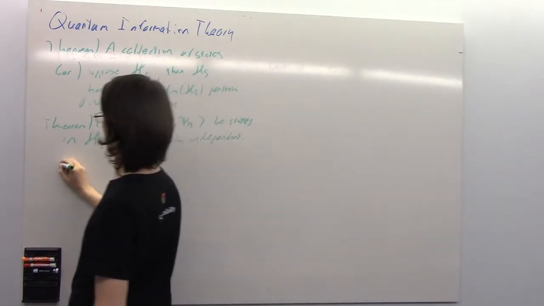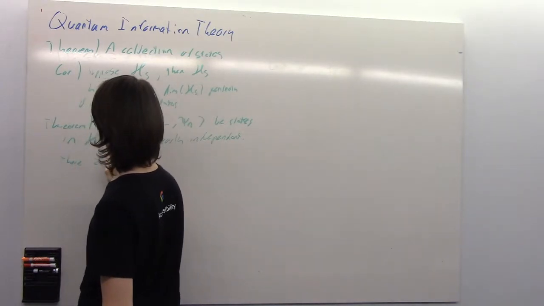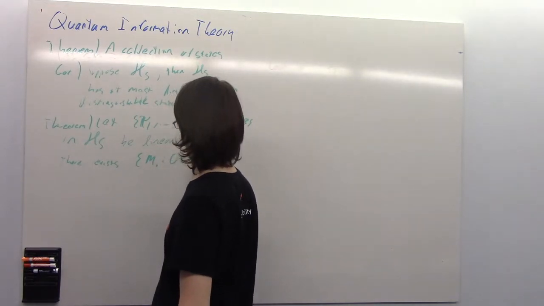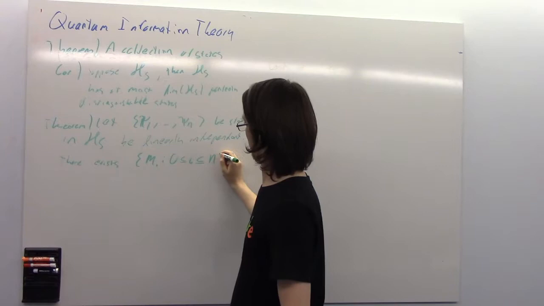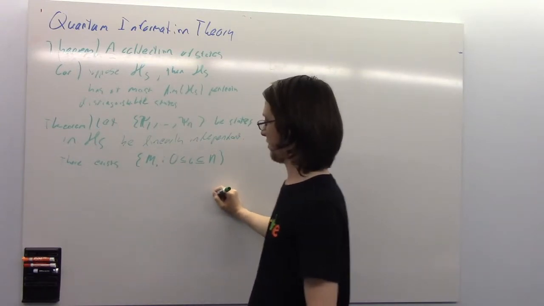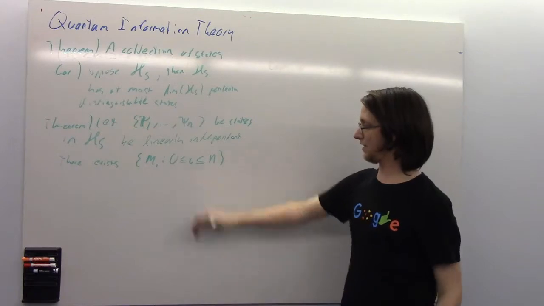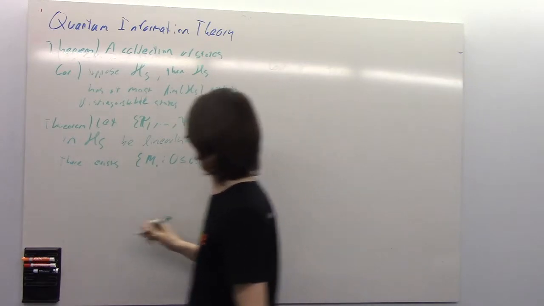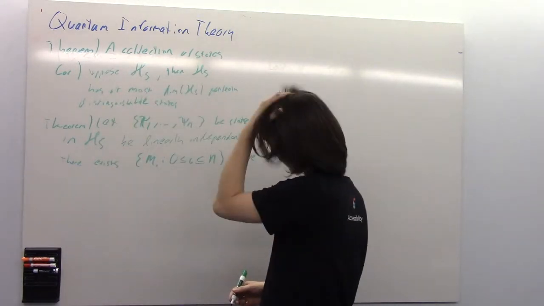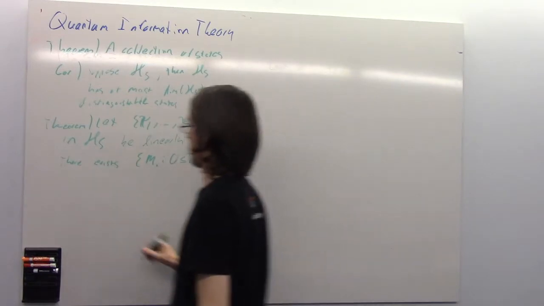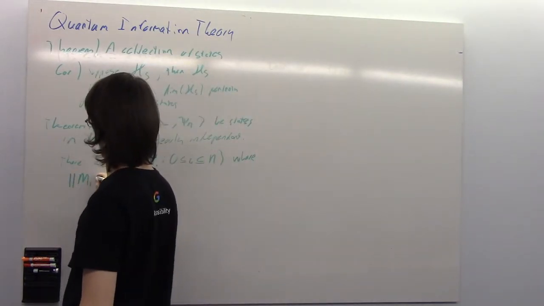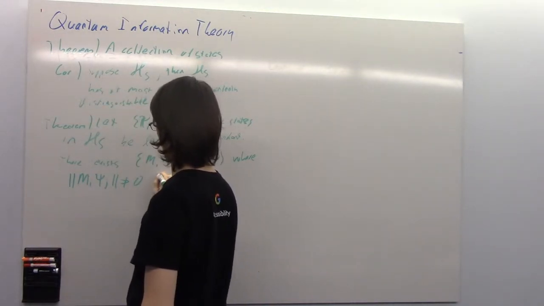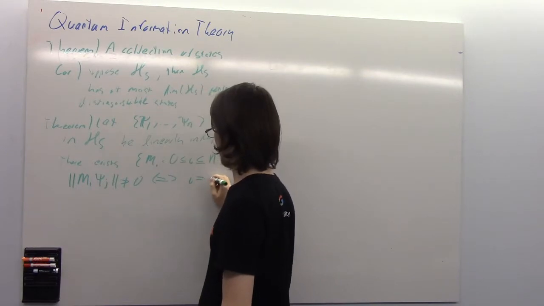There exists a set mi, 0 less than or equal to I less than or equal to n. So there exists a measurement system, mi, where mi Cj does not equal 0 if and only if I equals j.